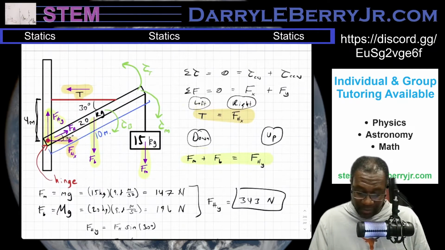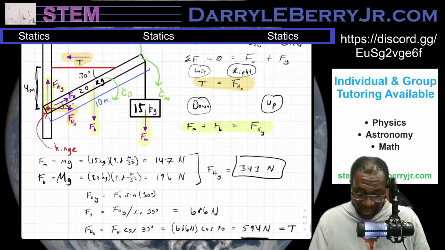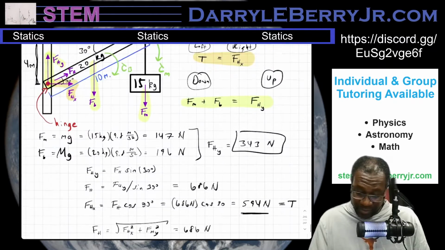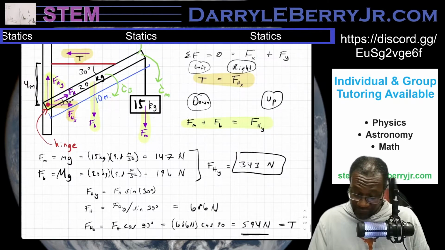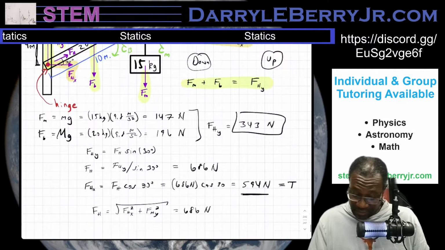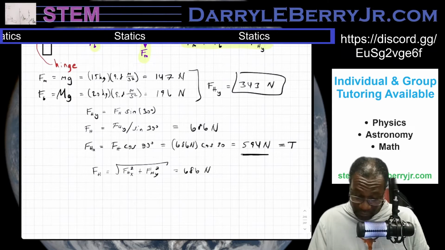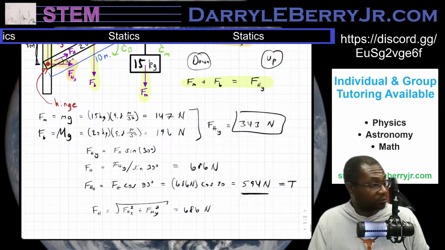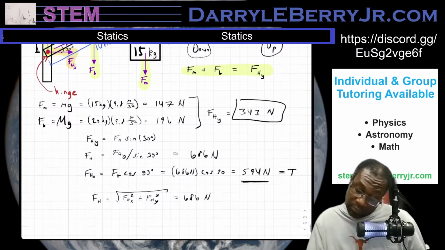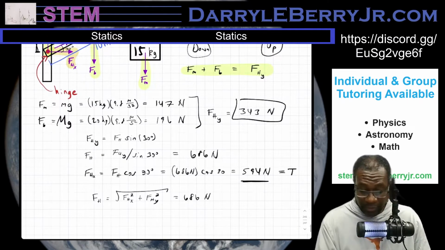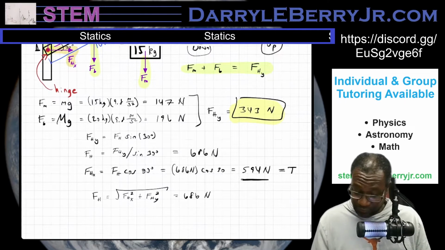So why don't we try it the other way, and we'll see if something different happens. But this is what I have for T, for FHY, for FHX. This matches what they have.